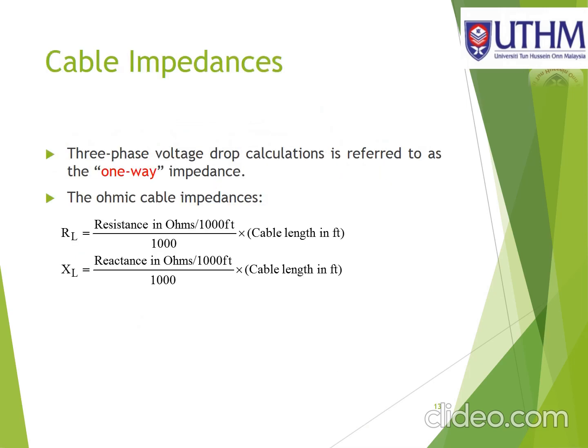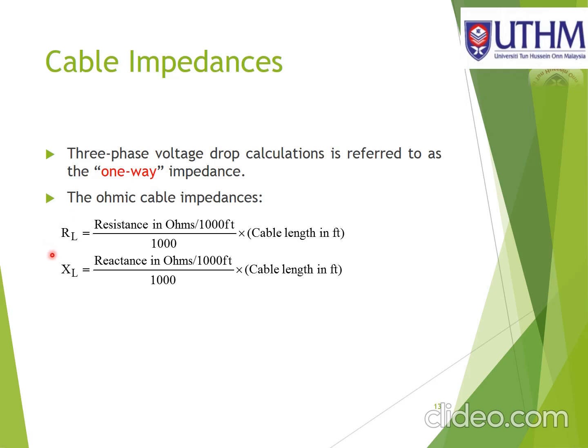Okay, next we go to cable impedance. We can see here the three-phase voltage drop calculation is referred to as one-way impedance. The ohmic cable impedance can be calculated with this formula.